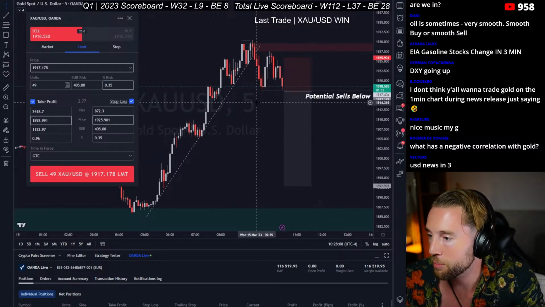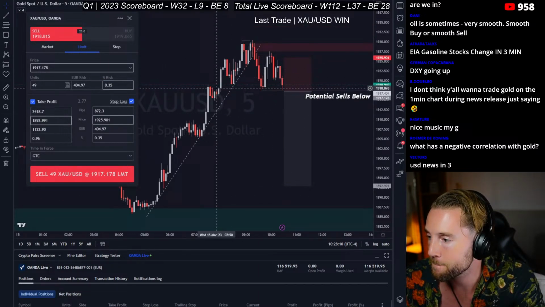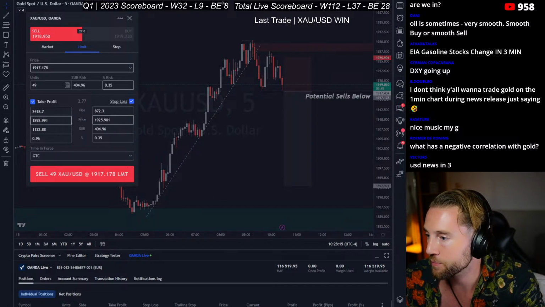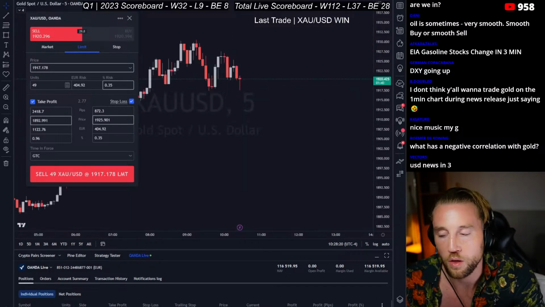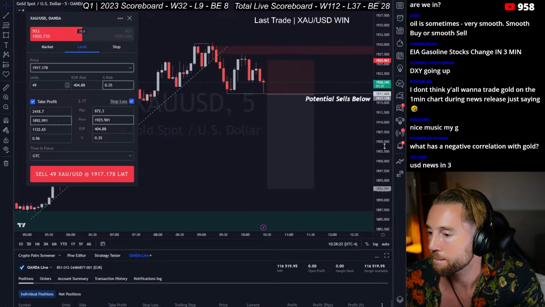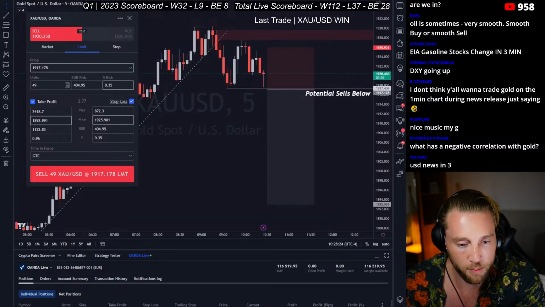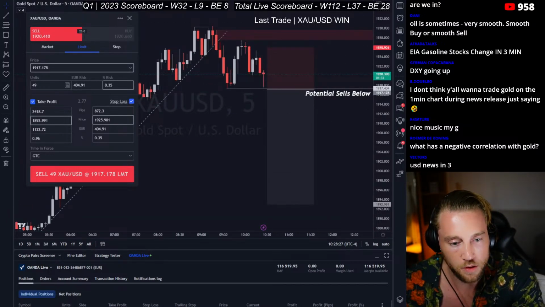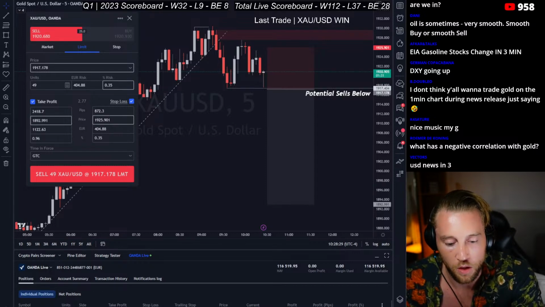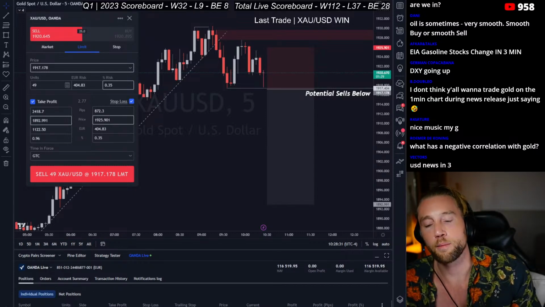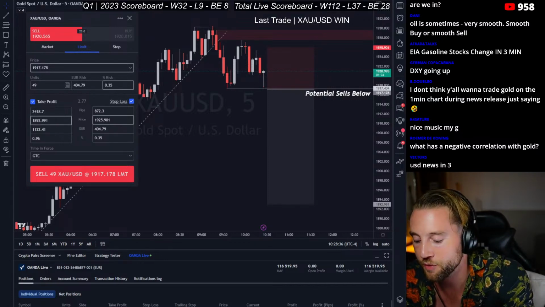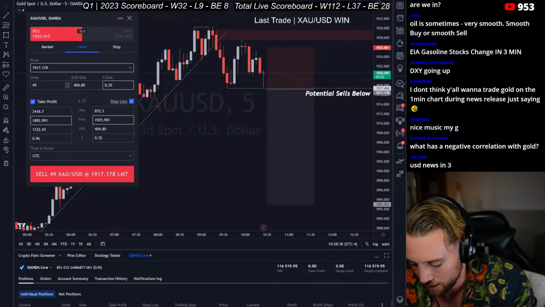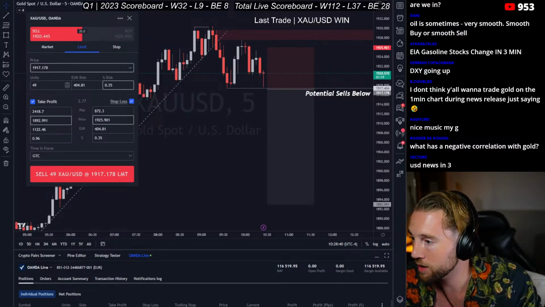All right, this low is important, important low to break. 2 minutes, still some news coming. What has a negative correlation with gold? Well, you see right now at this particular moment that the euro against the yen has a negative correlation. It mainly has to do with the euro.